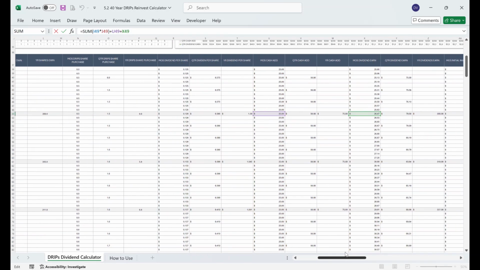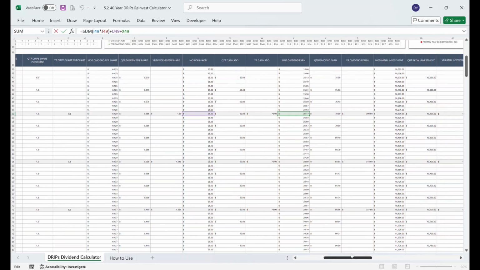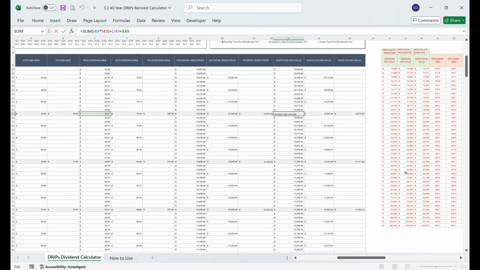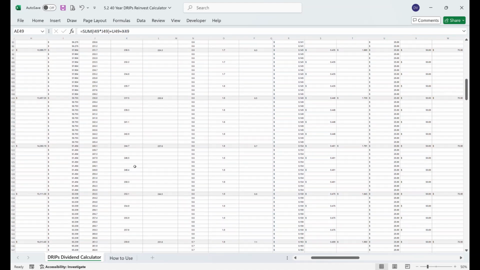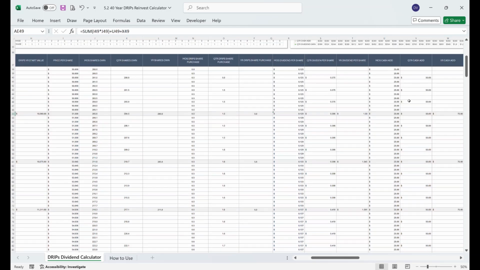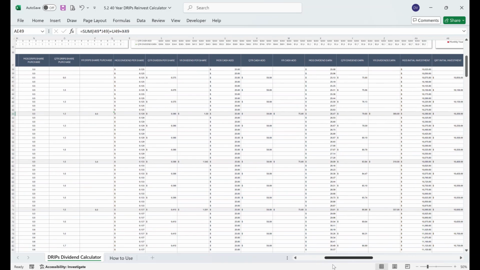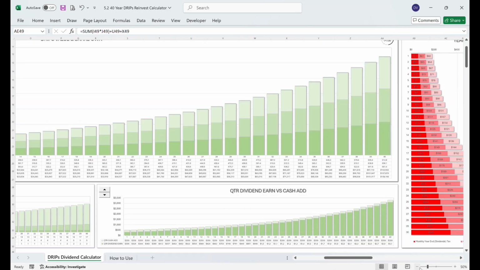And then you add your cash, and then your monthly dividend earned, and that's how you get your total end value, month end value. And you do the same thing for quarter and year. So that's how you do that down there. And again, once you get one row, you just copy and paste it and just double check everything.